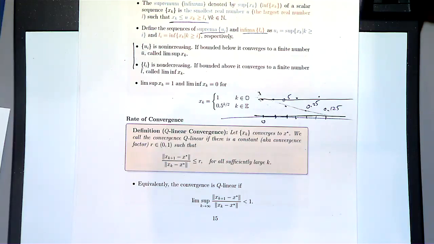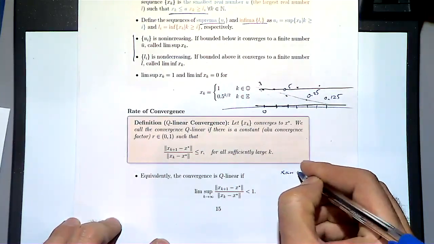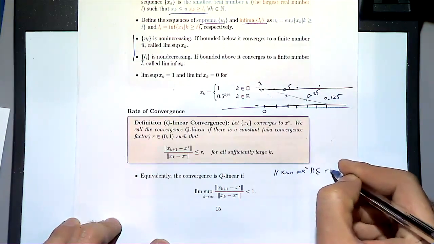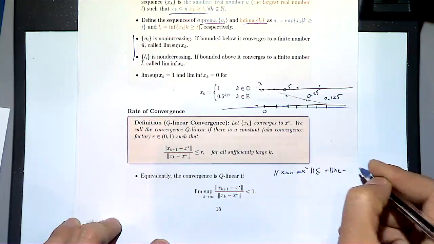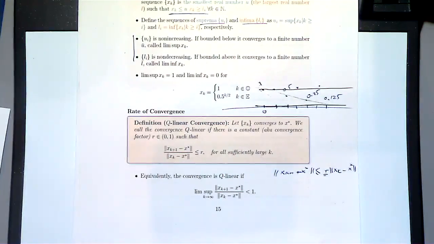When r is less than 1, what does it mean? xk plus 1 is closer to x star than xk. Yes, because I can move this thing there and say xk plus 1 minus x star is less than by this much. r is less than 1.